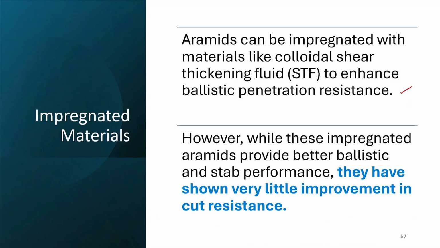However, this impregnated aramid provides better ballistic and stab resistance. They have shown very little improvement in cut resistance. The cut resistance testing is very slow, but one can expect improved performance for slash resistance testing, because slash is relatively faster.